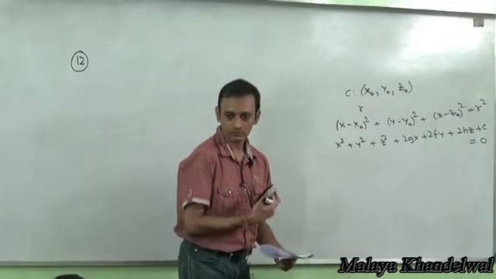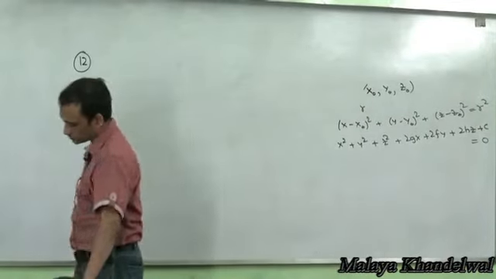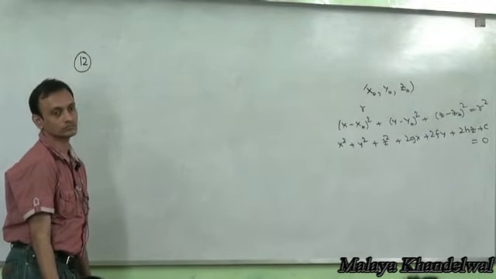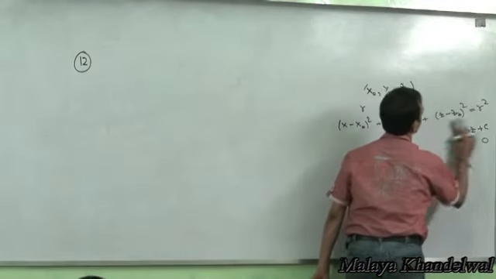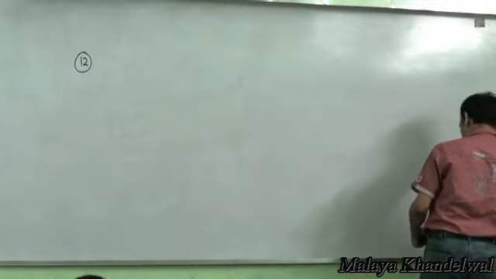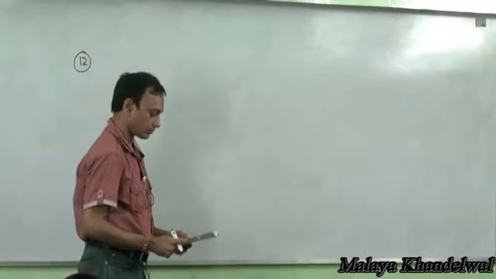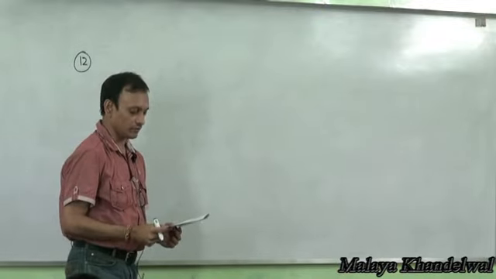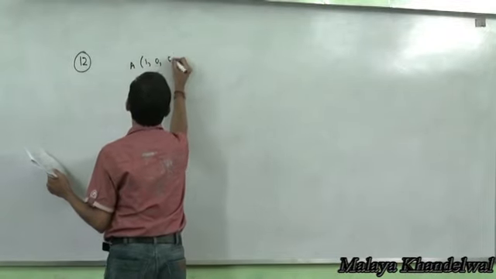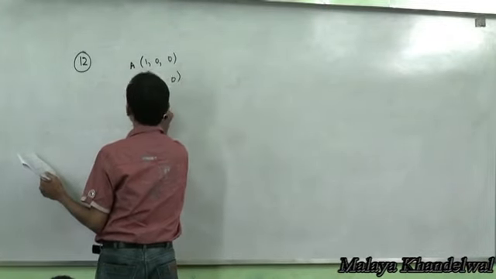Now, equation of the sphere which passes through 3 points, a point A which is like 1, 0, 0, point B which is 0, 1, 0, a point C which is like 0, 0, 1.